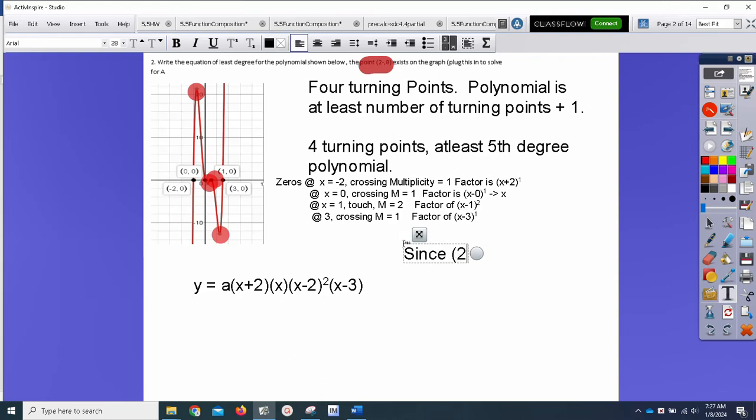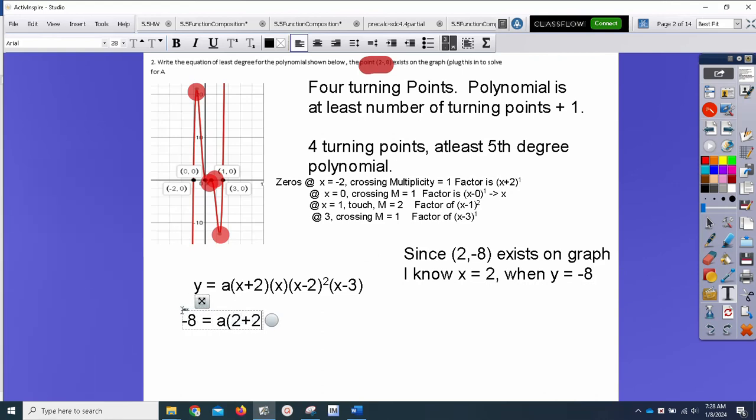So since 2, -8 exists on the graph, I know x equals 2 when y equals -8. I can plug that stuff in. -8 equal to a times 2 plus 2, because x is 2 times 2 times 2 minus 2 squared.